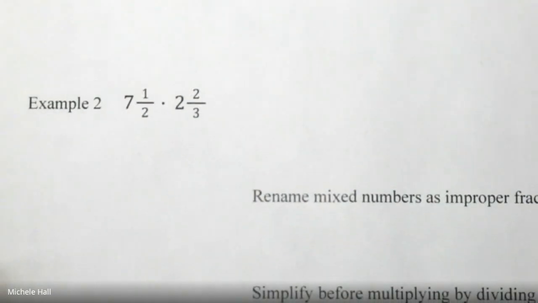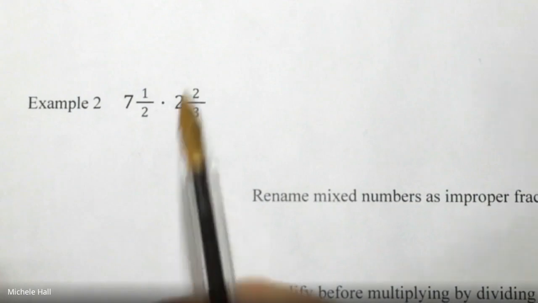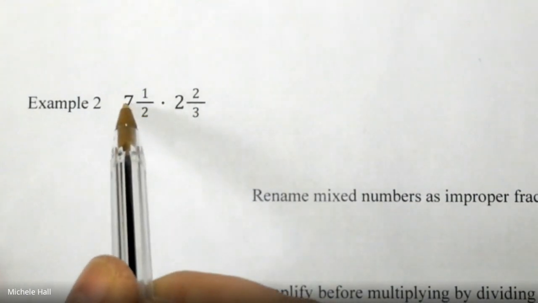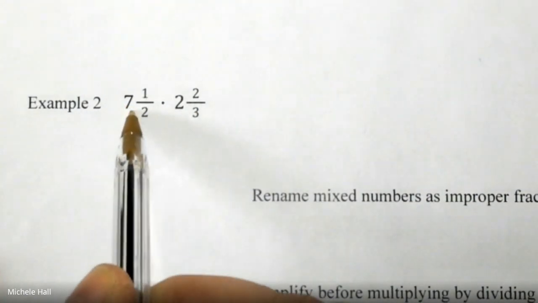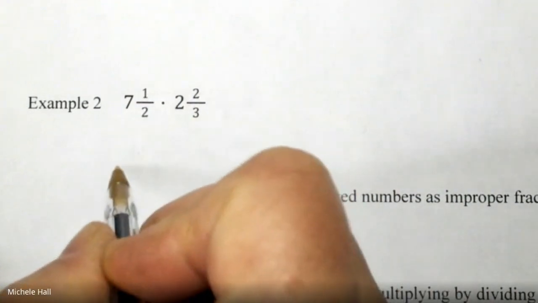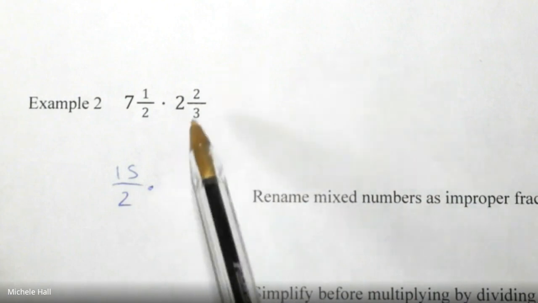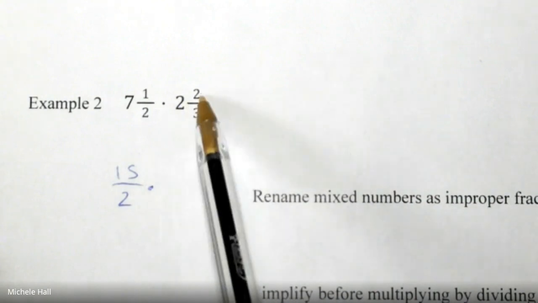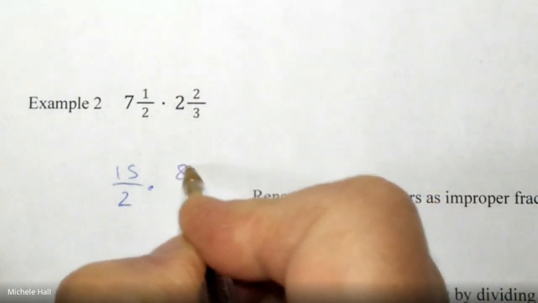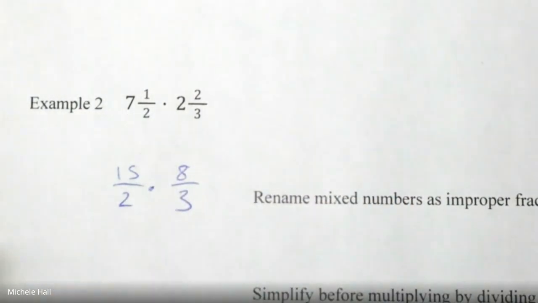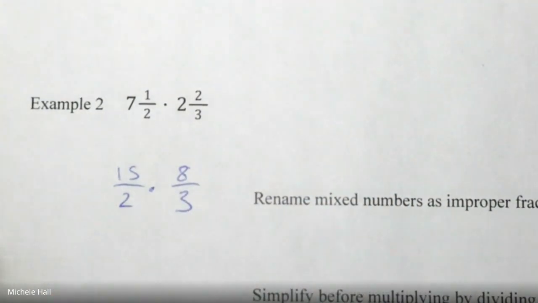All right, so changing to an improper fraction, if we look back at our notes, it says that we multiply and then add. 2 times 7 is 14, plus 1 is 15 halves. And 3 times 2 is 6, plus 2 is 8/3. So there's the first step, renaming the mixed numbers as fractions.